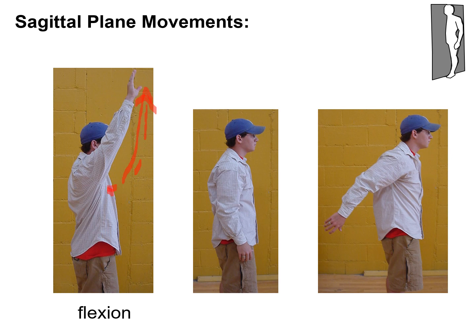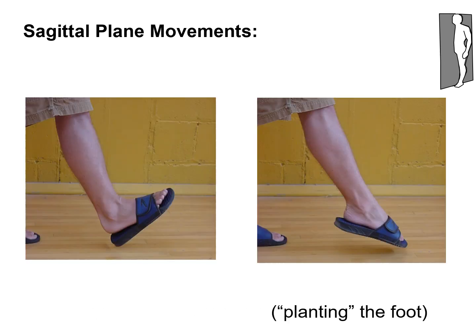Then when he brings his arm back down to kind of resting, we consider this to be extension. Once again, within the sagittal plane, around the medial lateral axis. As soon as he starts bringing his arm behind him, okay, this is hyperextension. This is occurring within the sagittal plane around the medial lateral axis.